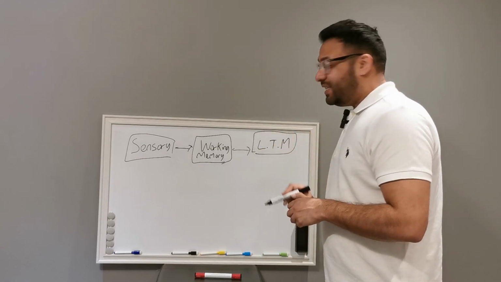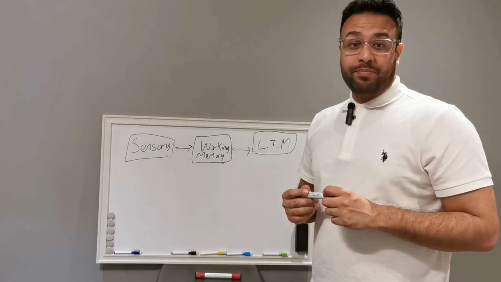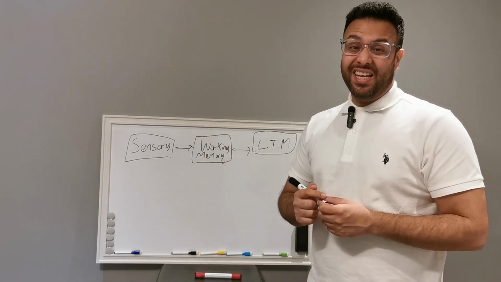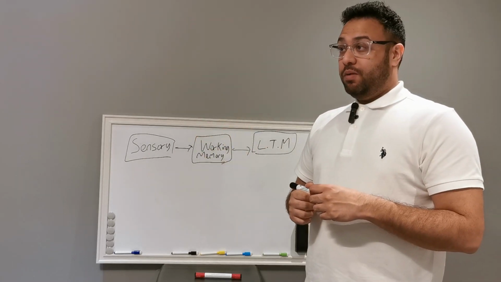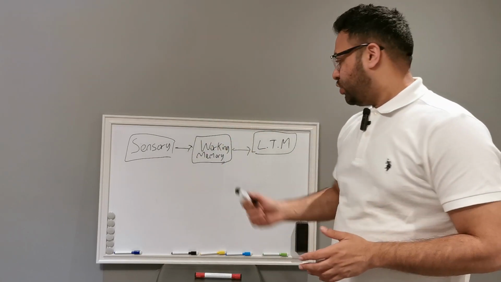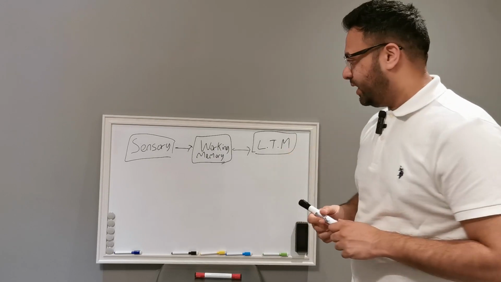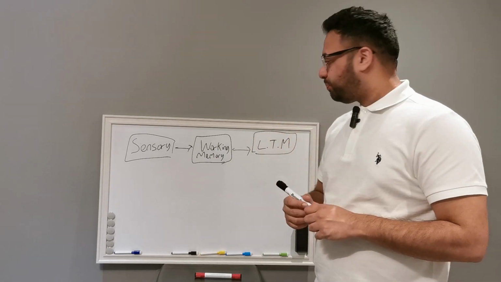So the idea here is that in the long-term memory, you've got a very, very large capacity. We're talking almost an unlimited capacity. You get your highest gigabyte memory computer, and your long-term memory will be able to match it potentially, right? With practice, you can do that.